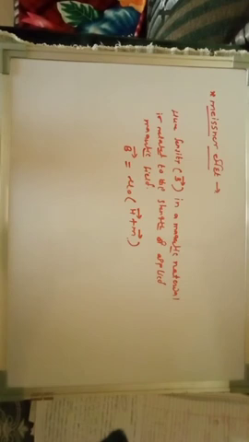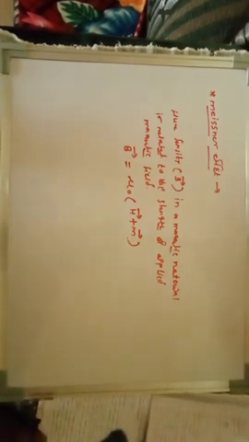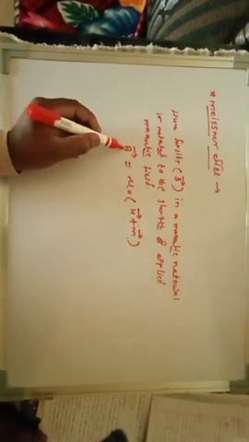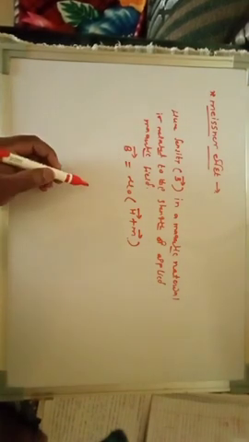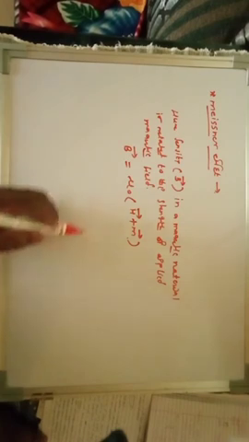So in this equation, B vector is your flux density, and it is related to the strength of the applied magnetic field.